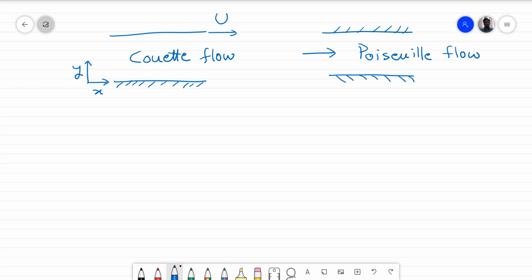Now this term is often mispronounced. Some people call it Poiseuille flow, or may call it something else. This is actually a French name. This is called Poiseuille.